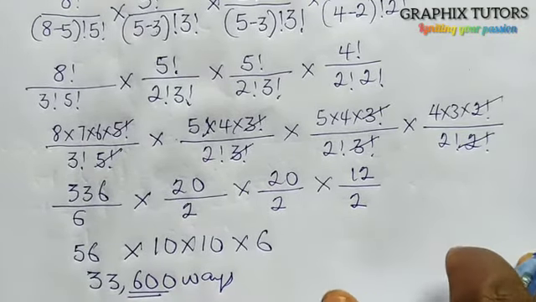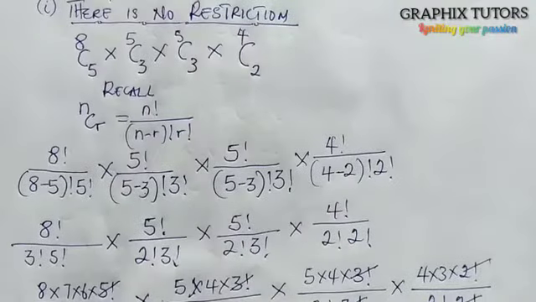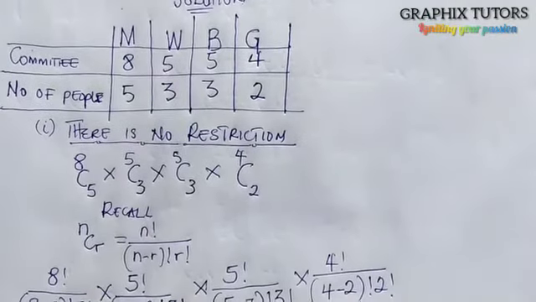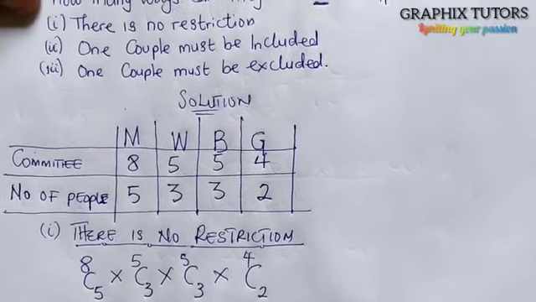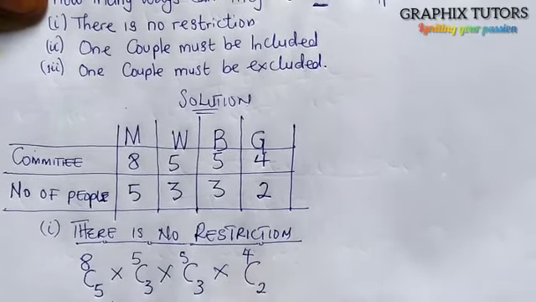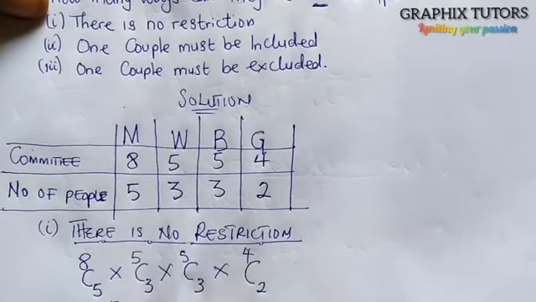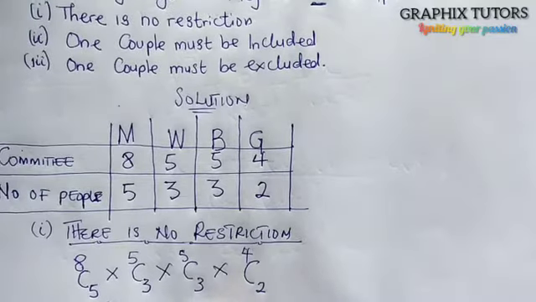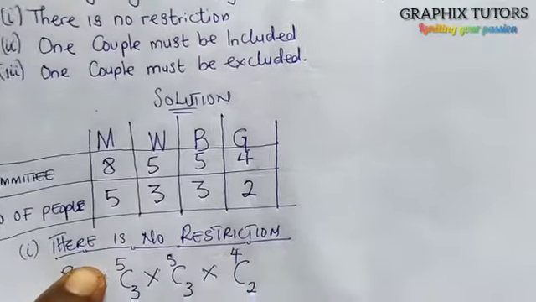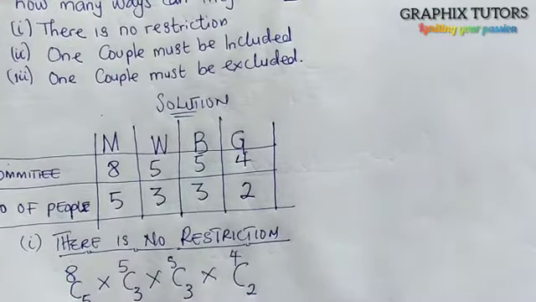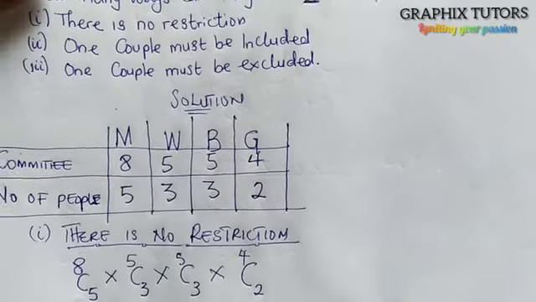Now we'll go to the next one, and the next one here says one couple must be included. When you say one couple must be included, let's see how we do it.